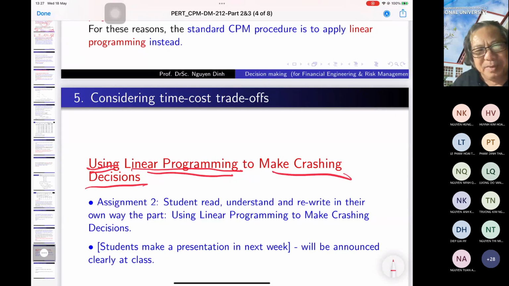I taught you one way to make the crash decision, but there is another way that reduces it to linear programming. You solve the linear programming and you get how to crash. That is the topic we study today.